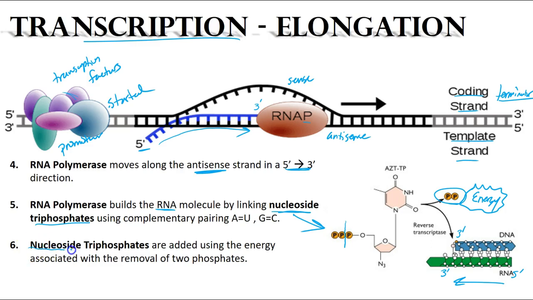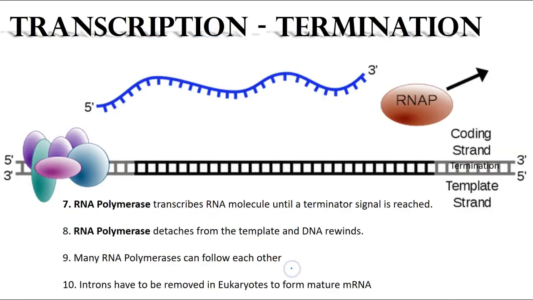Okay, nucleoside triphosphates are added using the energy associated with the removal of the 2 phosphates. All RNA polymerase is doing is removing the 2 phosphates. By removing the 2 phosphates, you are releasing energy. The energy is going to successfully link this nucleotide to the 3' end, growing this chain by 1 nucleotide as it goes. Okay, so that's elongation.